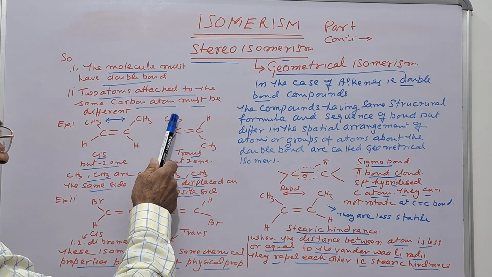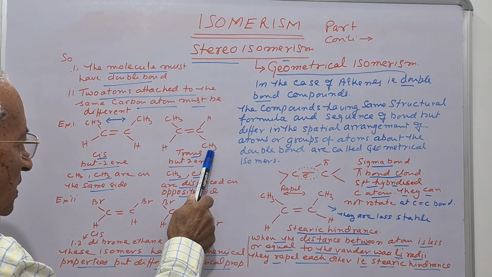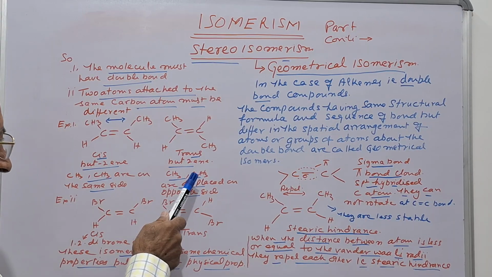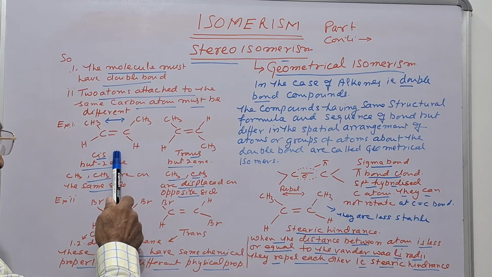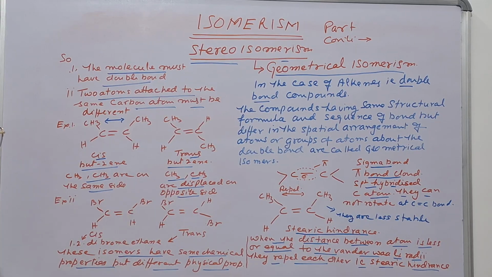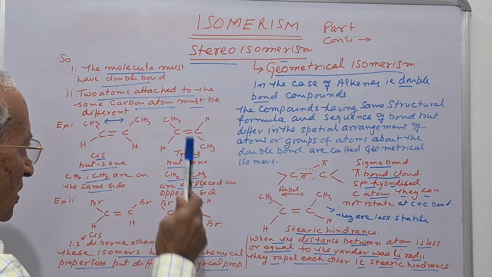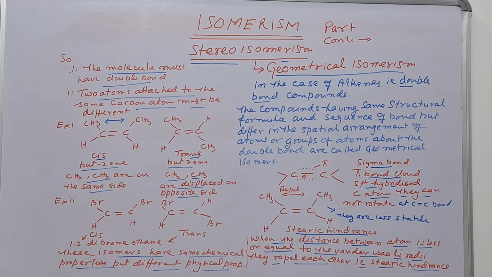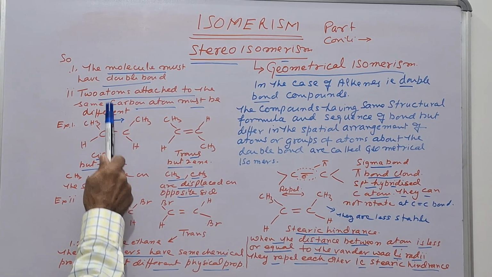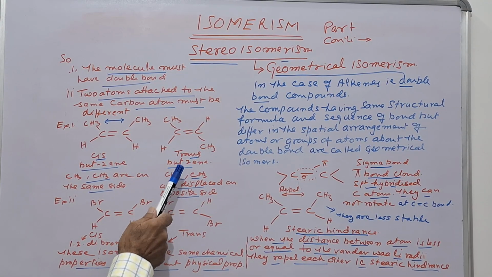And when the two groups of atoms are opposite to each other, these are known as trans butene. So here the structural formula is different. One is cis, the other is trans, and it was found that the cis are less stable as compared to the trans. Here you see two groups of atoms on the same side and two groups of atoms opposite to each other.